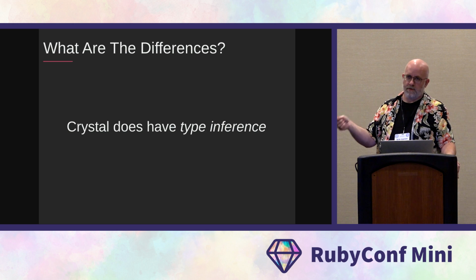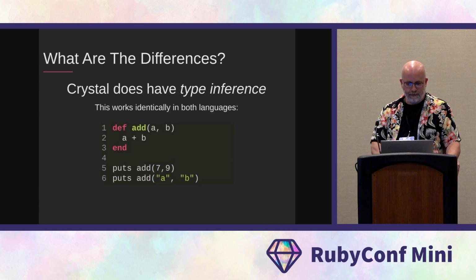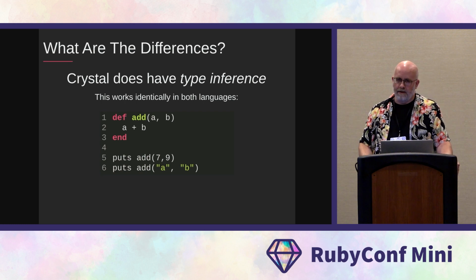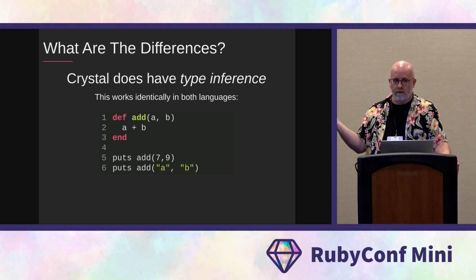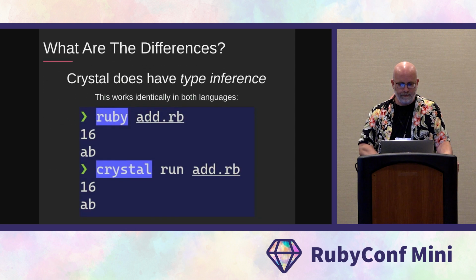It's only when it's ambiguous and it can't figure it out that you have to tell it what your types are. In this example, there's nothing anywhere that's telling Crystal what A is or what B is, whether they're numbers or strings. And this will work exactly the same in Crystal as it does in Ruby. Just like that. No difference. Same code, both languages.